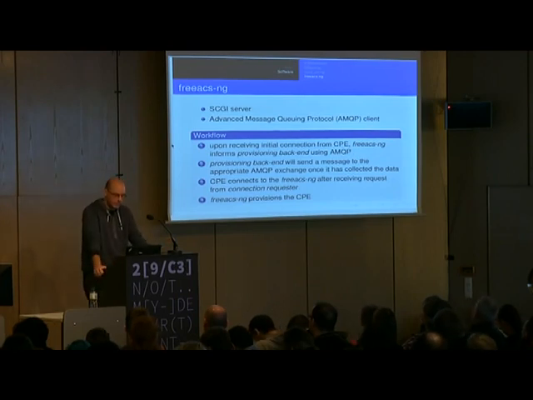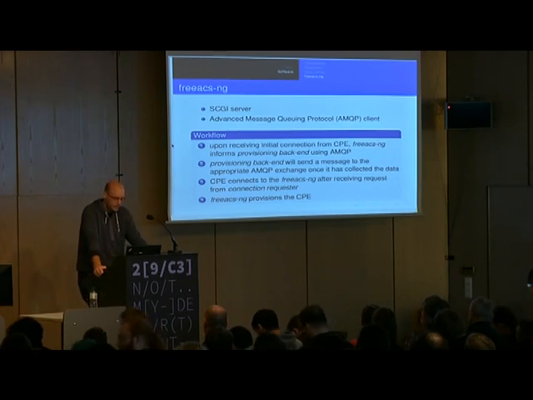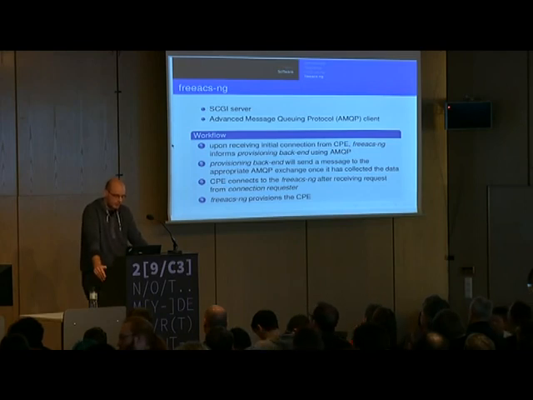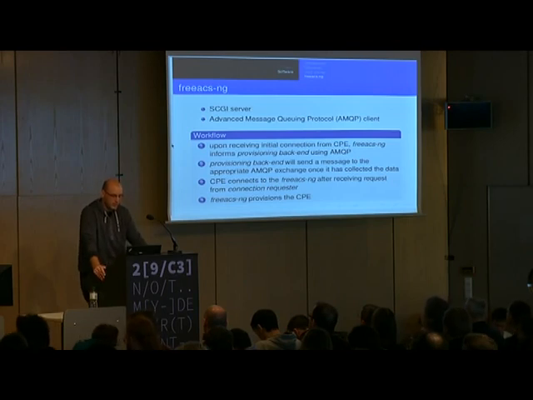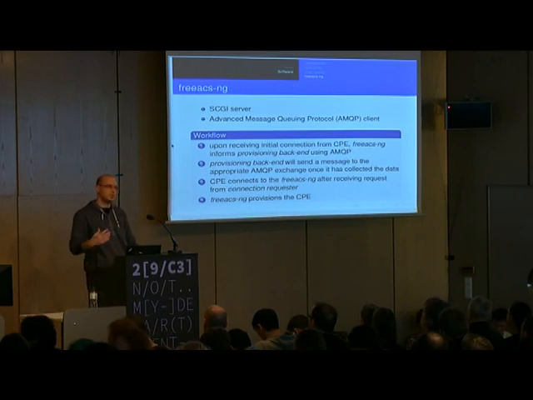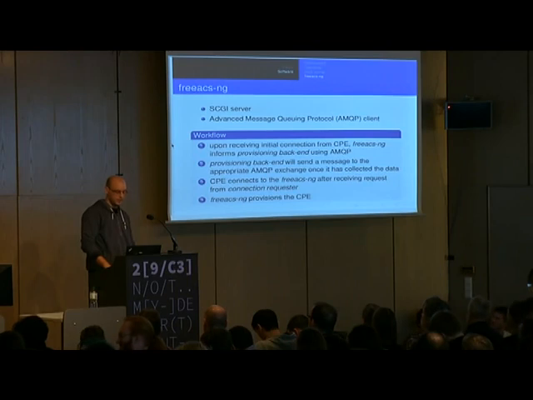It will collect the data it needs to collect and send it to another queue. Then FreeACS-NG will kick the CP. I mean, it will order the CP to connect back to the ACS. Then the CP connects to the ACS, and FreeACS-NG will see that there is a message in the queue, and it will provision the CP.